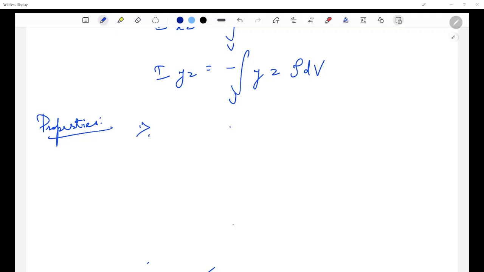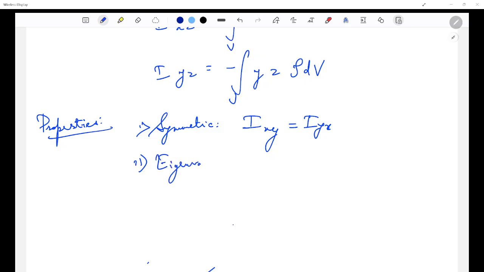First, it is symmetric, so Ixy is equal to Iyx. Secondly, eigenvalues are the principal moments of inertia.